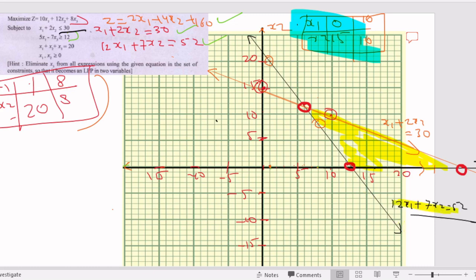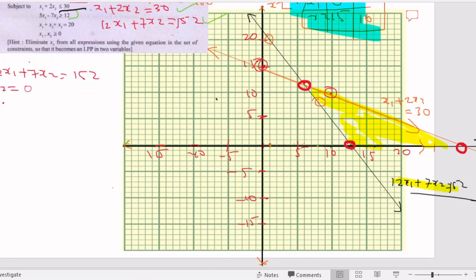You have to substitute x2 equal to 0. So 12x1 is equal to 152, since this becomes 0. x1 is 152 divided by 12. You can reduce this further by dividing by 4. So x1 is 38 by 3. So this point is 38 by 3, comma 0.